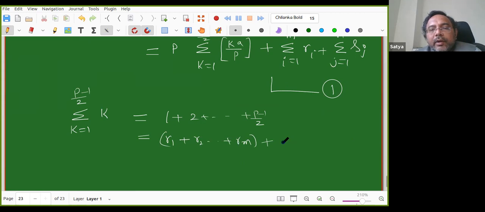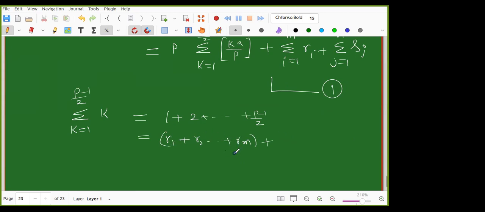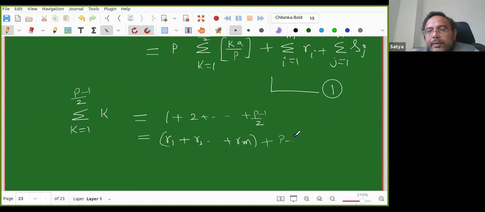If you tell this, you are following whatever I am telling. Last class, this class: P minus S1. Yes, correct, thanks. So P minus S1 plus P minus S2, these are also less than P, up to P minus Sn. Right, so it is equal to nP.